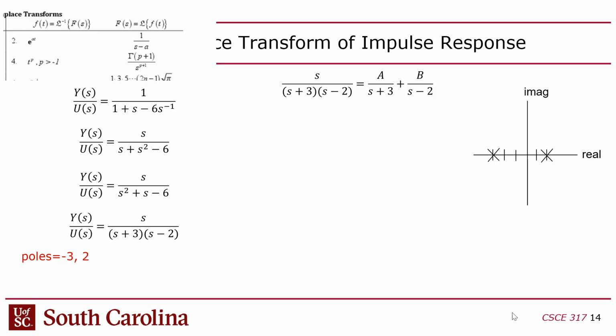So how do you go from that form to that form? Well, in this case, I took the denominator and, instead of having it be a product of these two sub-expressions, I broke it up into S plus 3 and S minus 2, right? And then I have to figure out just what A and B are here. Does that make sense? Okay.